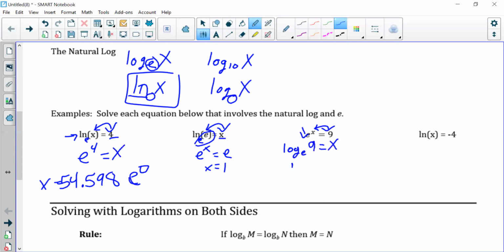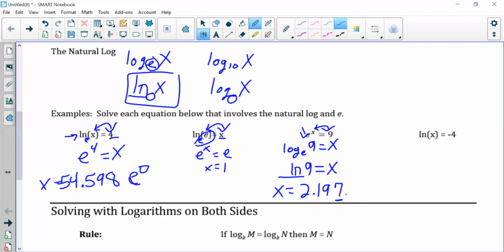So then I'm going to say the natural log of 9 equals x, and you should have a natural log button on your calculator. In fact, I do, it just says ln. So the natural log of 9 equals 2.197. Remember, 3 decimal places, and we want to round.